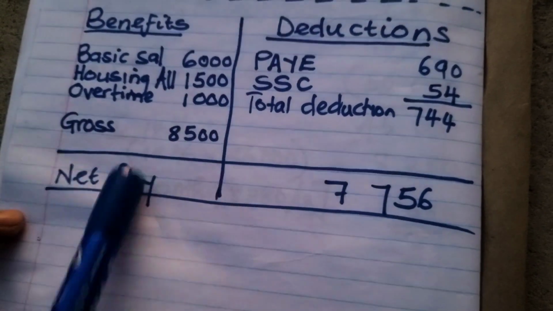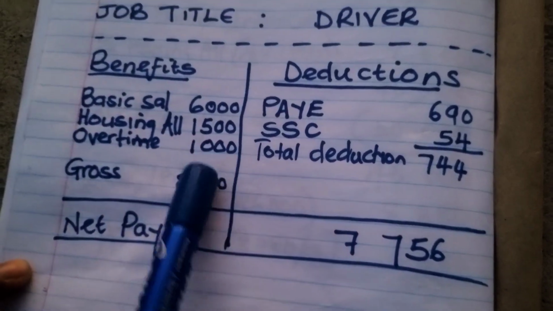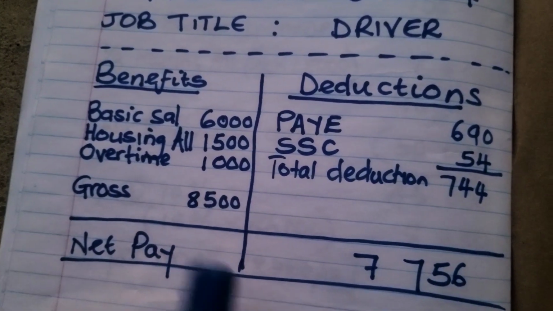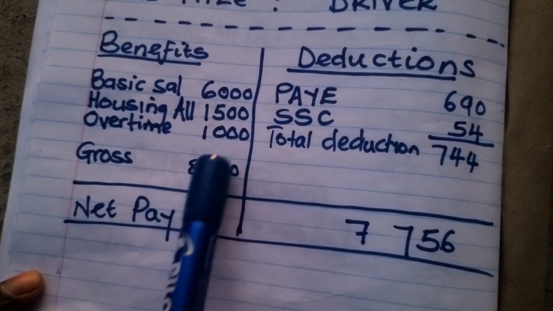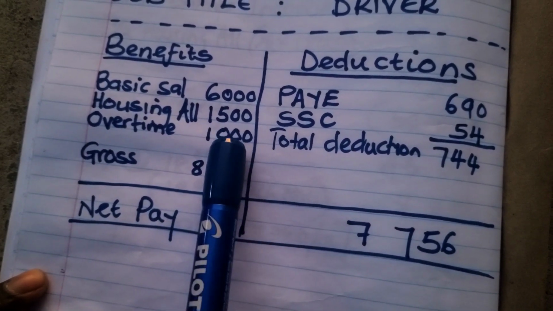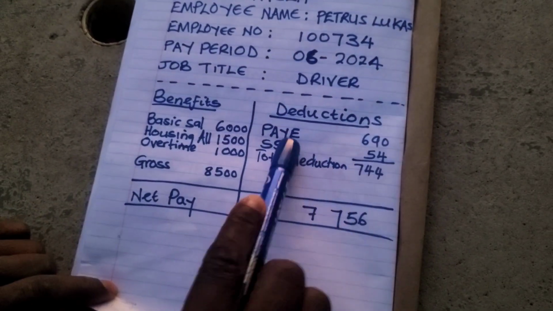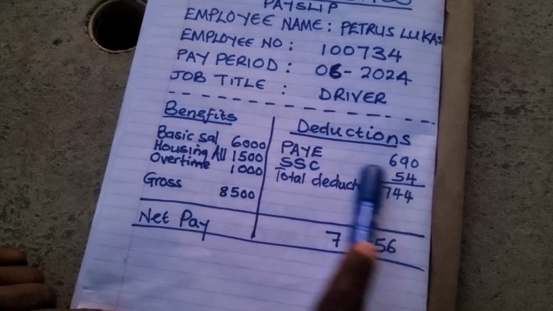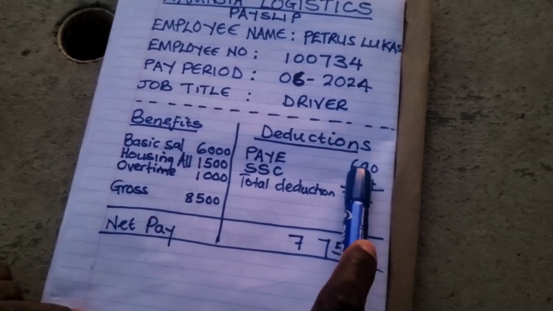But you will find that maybe in other months he was having overtime which was less than 1,000. So his net salary will decrease or increase based on what? On his overtime. Right. We want to see how this pay as you earn, the tax that he was taxed there, $690, was arrived at.